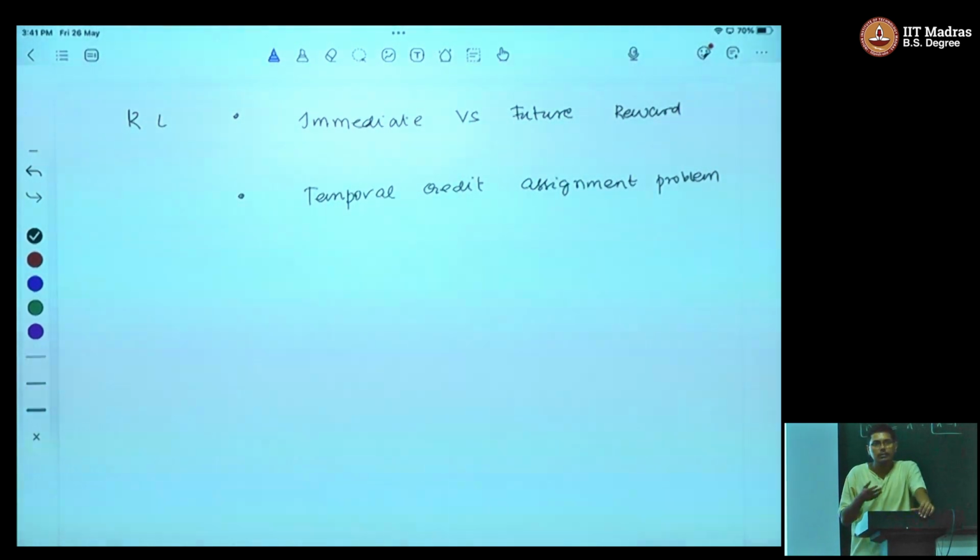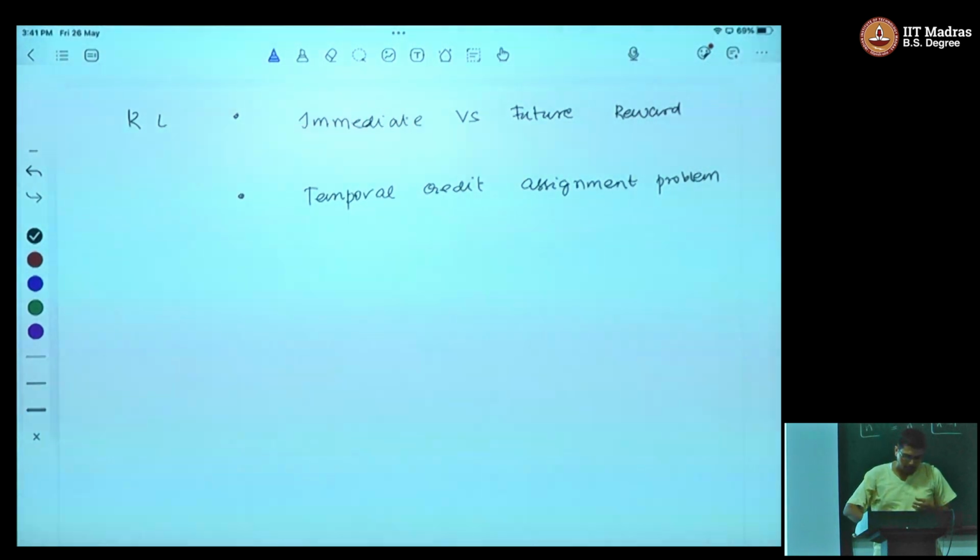So this is again a very unique challenge of these prescriptive problems, reinforcement learning, where you apply reinforcement learning algorithms. You really do not know which action cost what. All that you can see is that if I do this, I get this reward. If I do something else, I get some other reward. So this is the temporal credit assignment problem.